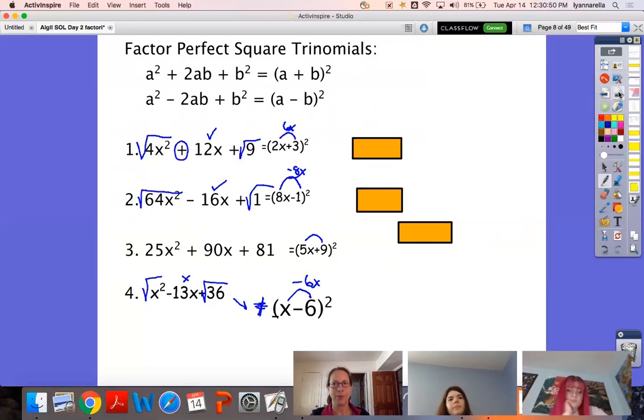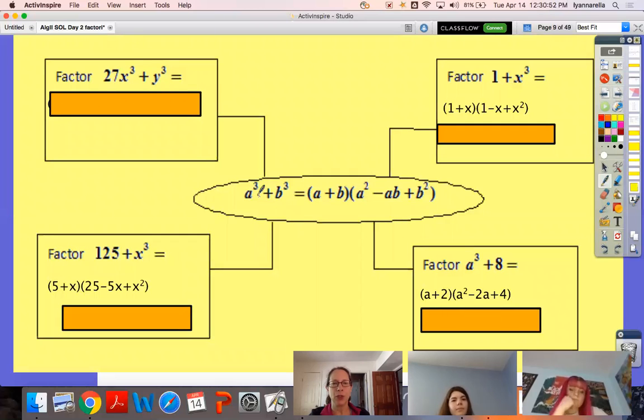Okay, good. And then here's your perfect cubes, the cubed root of the first term. So who knows what the cubed root of 27x cubed is? That's a little harder. If you have a cell phone, I think it does. Actually, I don't know if my cell phone does cubed roots. I'm going to check and see right now.